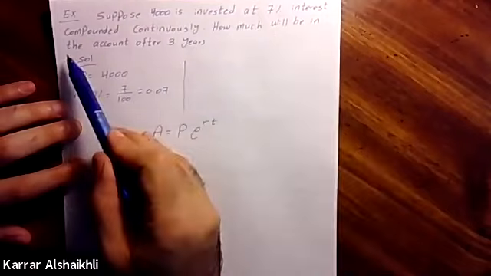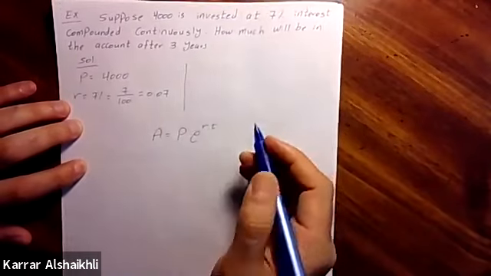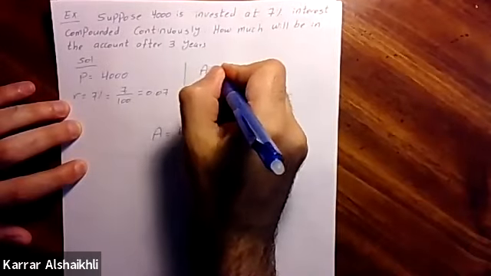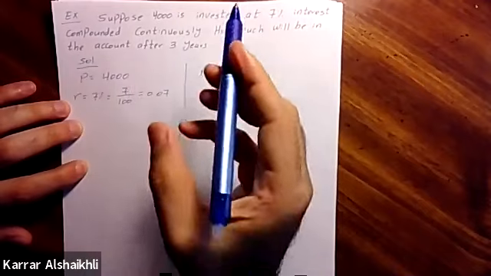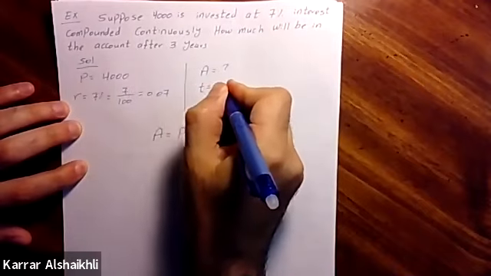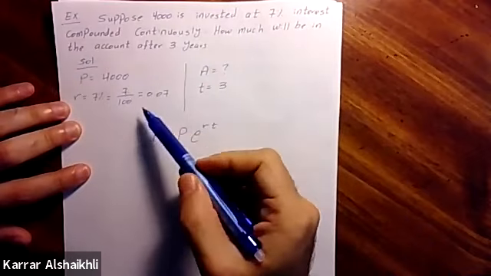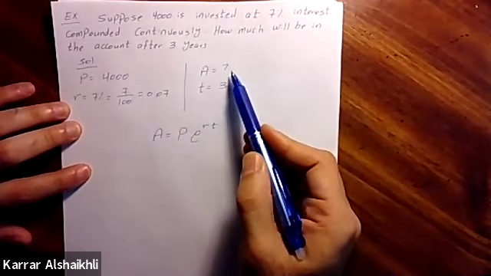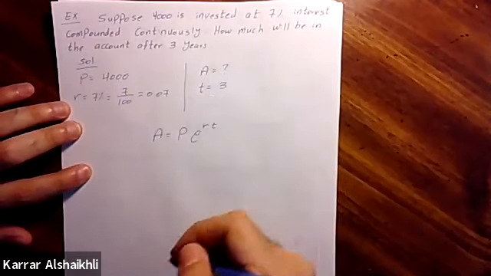How much will be in the account? That means we need to find how much is going to be in the account. That means the future amount for after 3 years. That means the time equal 3. This is the invested. This is the rate of interest. A equal, we need to find the future amount, and the T equal 3.